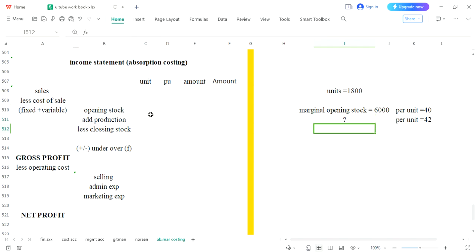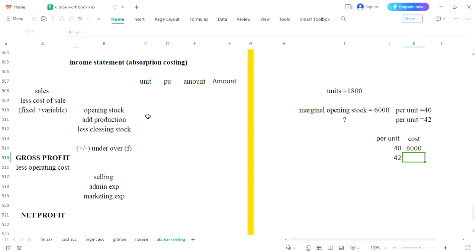Okay, unitary method will be used. Per unit cost we can mention over here, and we will mention cost over here. Then per unit cost was 40. Our stock valued as 6000, and now cost is 42.